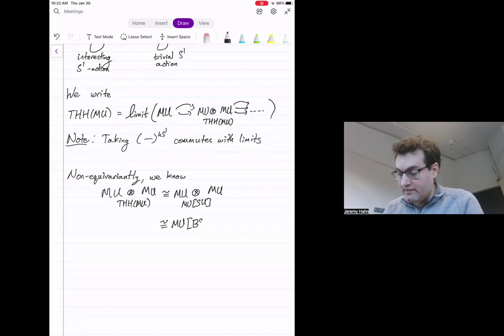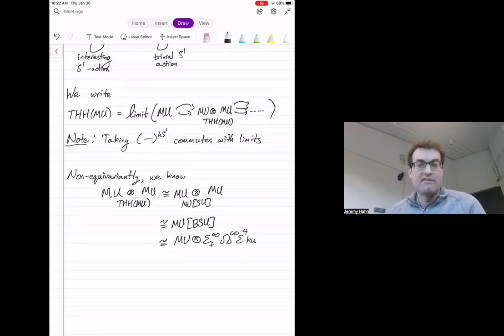So we get mu homology of BSU. If you really want to think about this in a fancy way, by the mu homology of BSU, we just mean I take mu and I tensor it with the suspension spectrum of the fourth infinite loop space of ku. That's what BSU is by Bott periodicity.